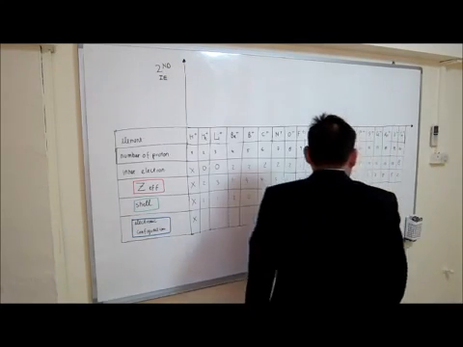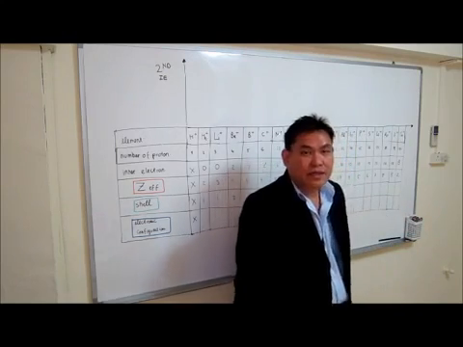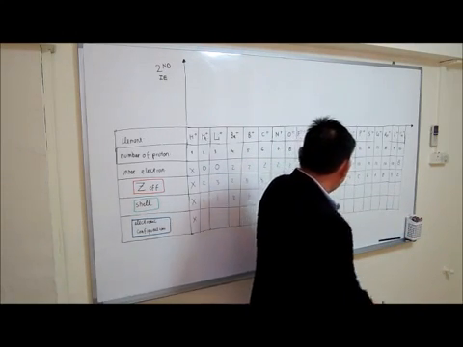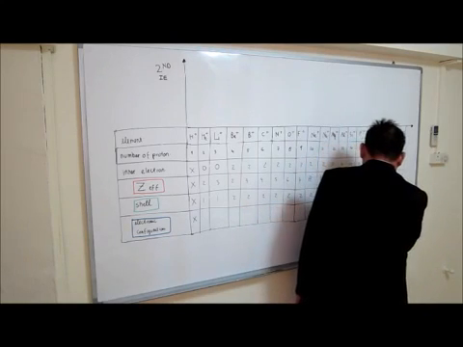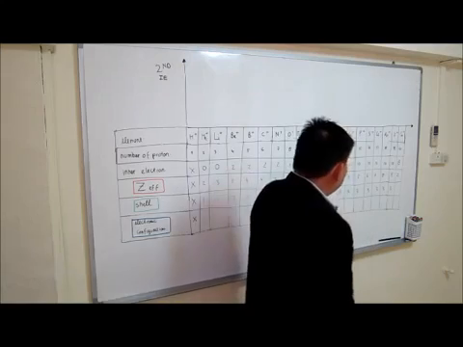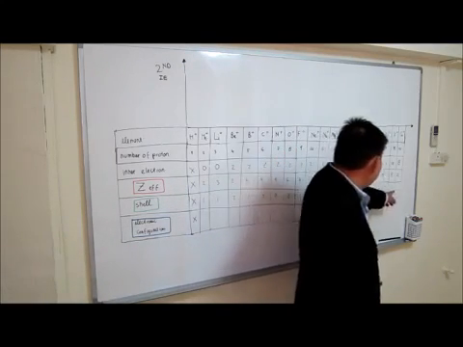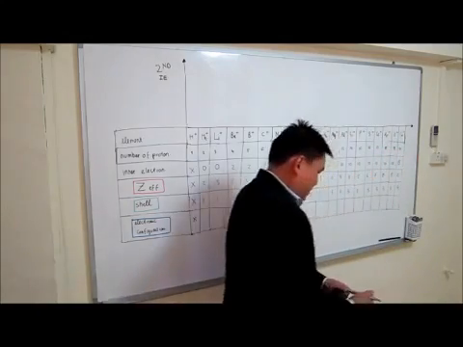In the case of magnesium all the way until potassium, they have 3 shells. In the case of Ca+, of course it has 4 shells. Very simple.